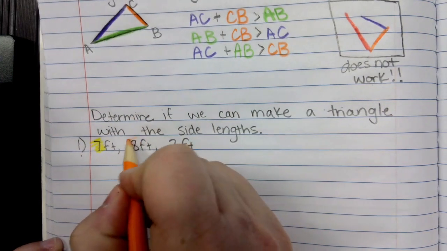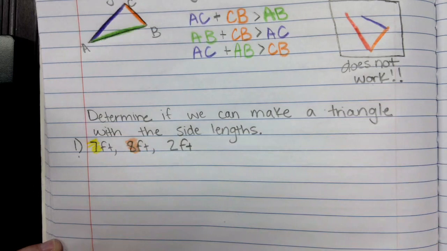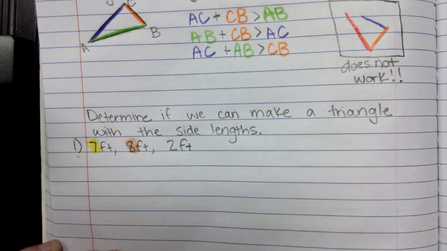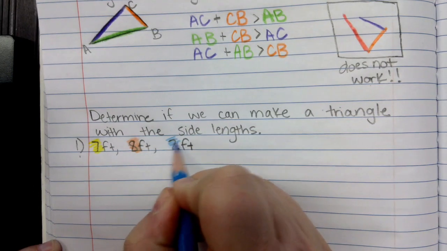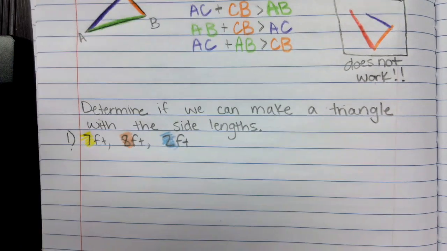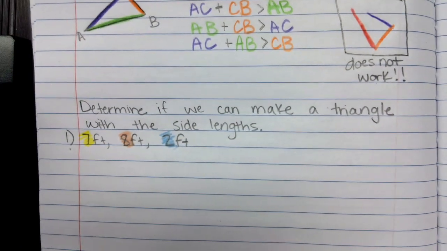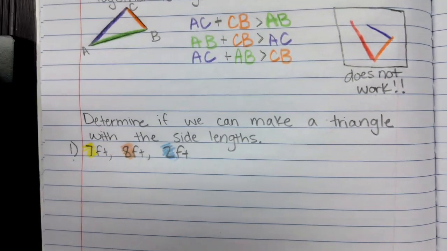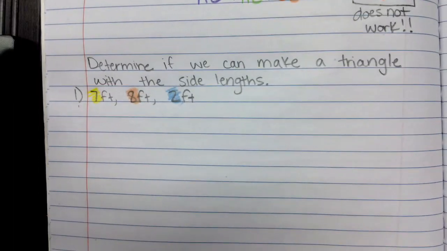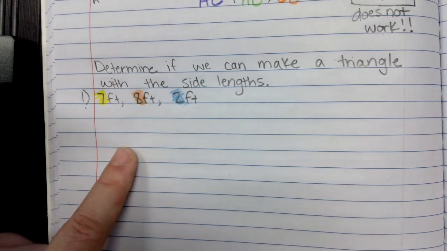Alright, so when we add 2 together, it has to be bigger than the third side. So which 2 should we start by adding together? Okay, so when I add 7 and 8, that has to be bigger than 2. What other ones can I combine?